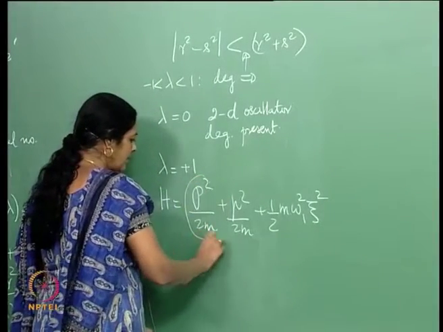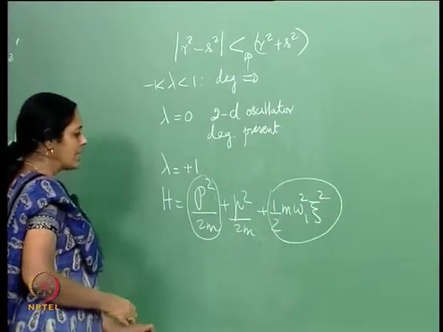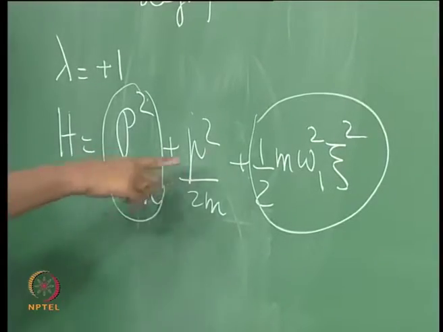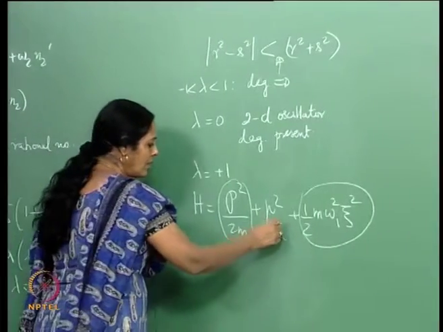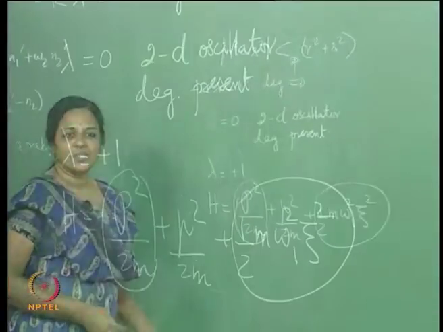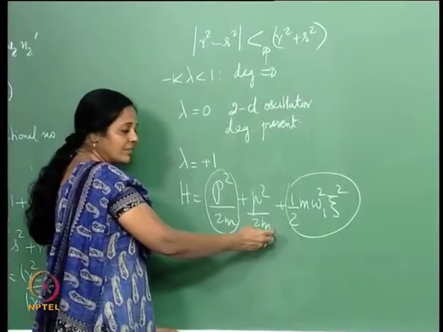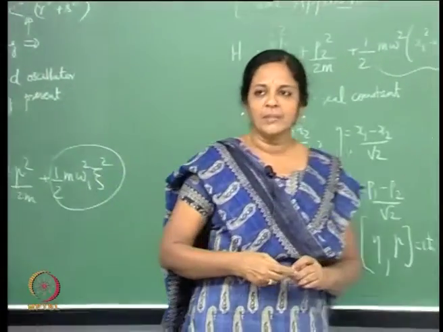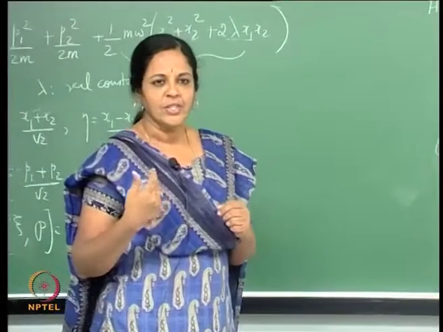Now, this p squared by 2m plus half m omega 1 squared zeta squared is just an oscillator. So, that is a discrete spectrum, n plus half h cross omega 1. But then any value of little p is allowed. And therefore, the energy has a continuous part and a discrete part, very similar to the problem of the charged particle in a homogeneous magnetic field, which we have discussed earlier.